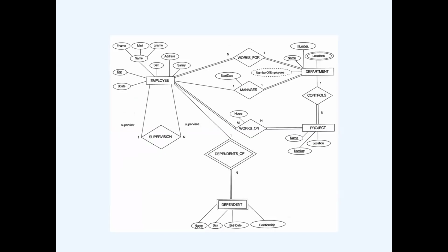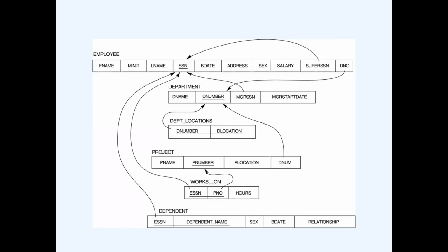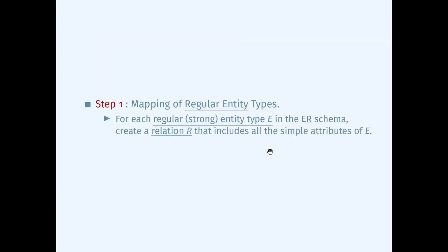So for employee, we create a simple relation and include all the simple attributes. Then the department, get all the simple attributes. Project, all three, we have to create relations. So we can say employee, department, and project. This one is different, so we'll keep it aside. Each of these regular entity types gets a relation.